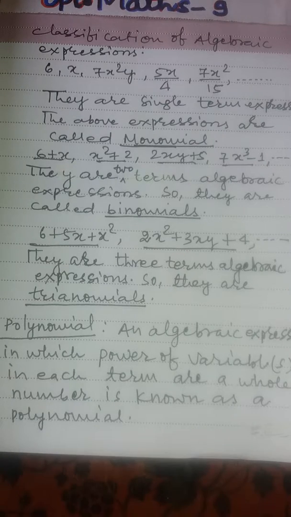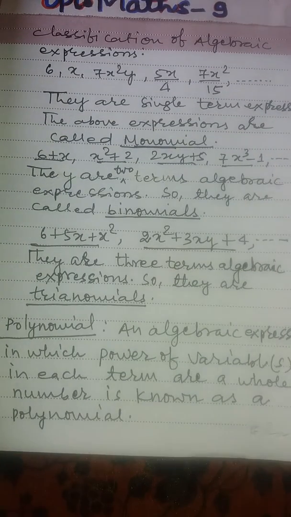If there are 3 terms, is that not a polynomial? Yes, that is also a polynomial. Its special name is trinomial. If there is only one term, then what happens? Yes, that is also a polynomial. Its special name is monomial.